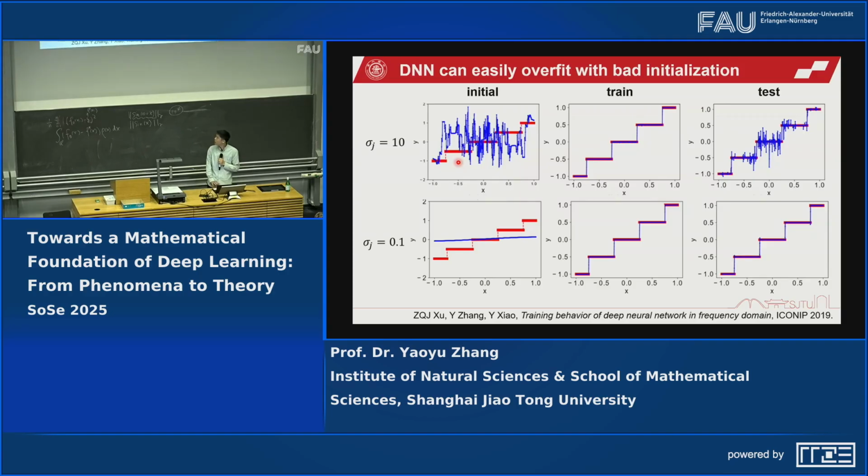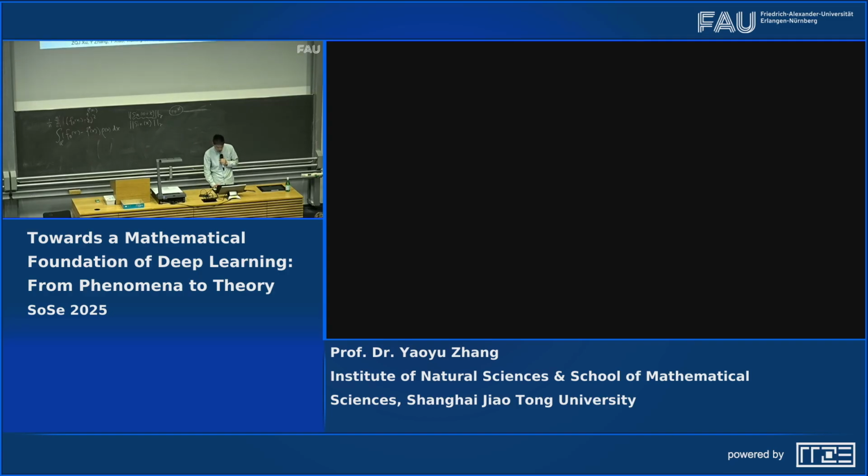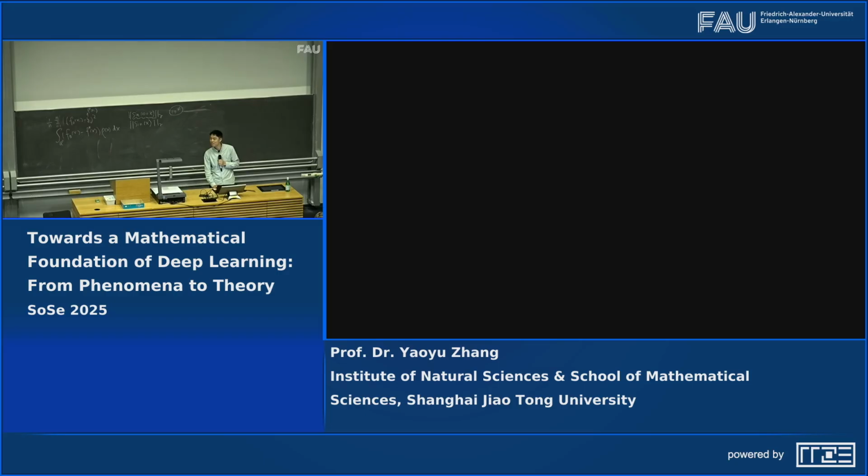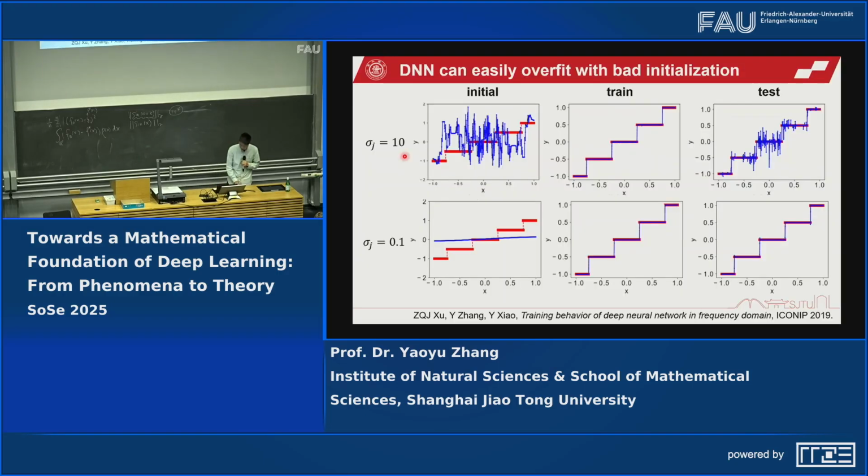How do I induce this initial output function? What I do is simple. For all the parameters, I initialize from a Gaussian distribution with a standard deviation of 10. And then this is how it looks initially.